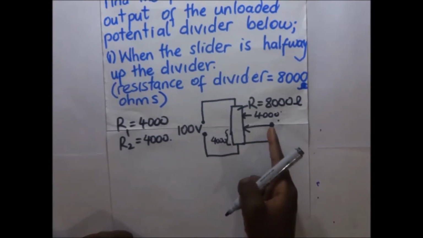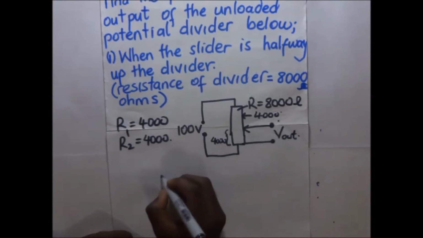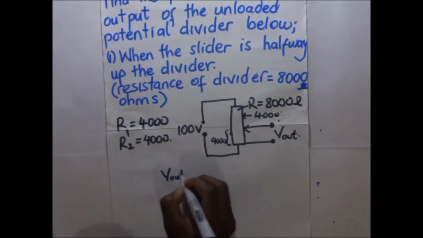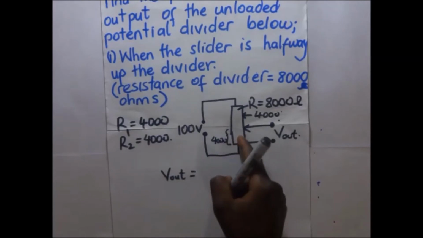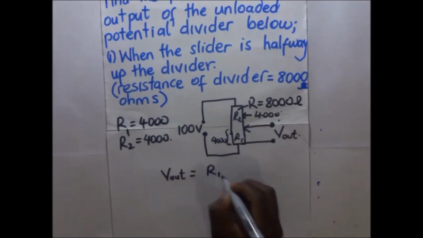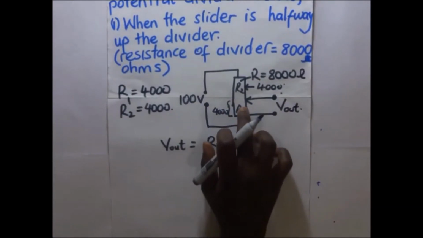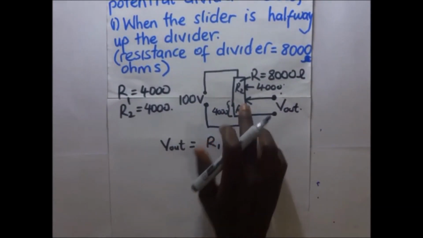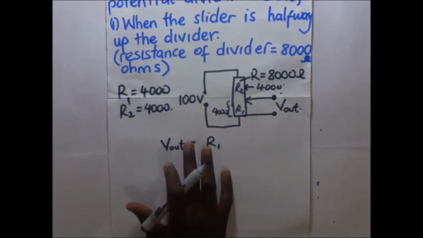So now for us to find the voltage output here, let's call it voltage output. Let's call this R1 and R2. So it will be R1 from our formula that we had already derived. It's going to be that resistor divided by the total resistance, multiplied by the voltage input.